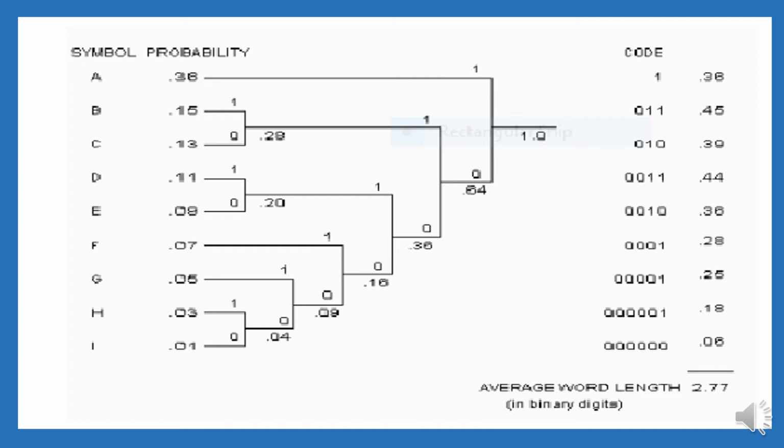That is, the lowest values of the probabilities are 0.01 and 0.03. Now you add these, and we will get the value 0.04. Next, you add this 0.04 with this 0.05, and you will get the total probability 0.09.